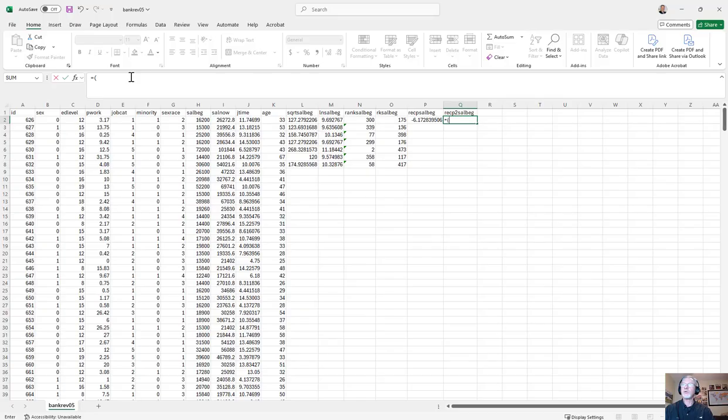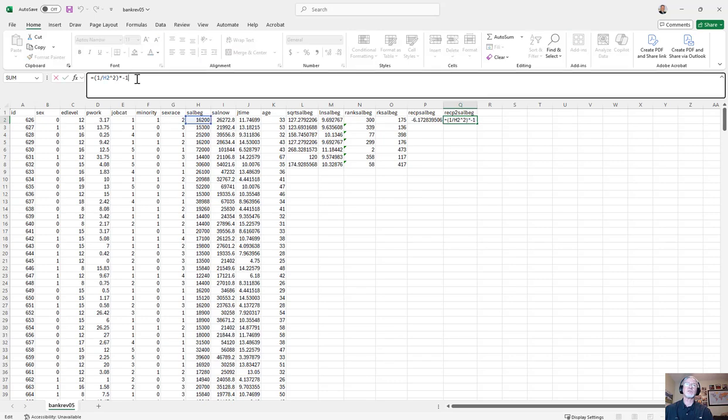I'm going to do the same thing for this next one. I'm going to do the reciprocal, but it's of this score squared. And to square it, we do a caret and then a 2. It's going to square the number. Then we're going to multiply minus 1. Again, I get this in scientific notation where there's 8 or 9 leading zeros before the number there.